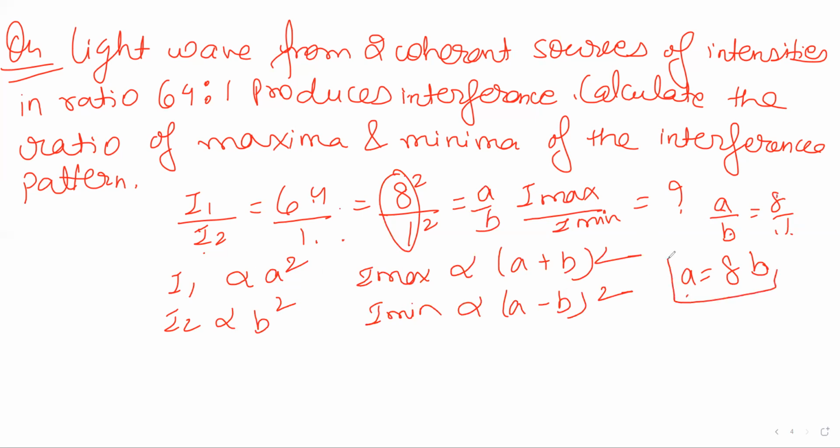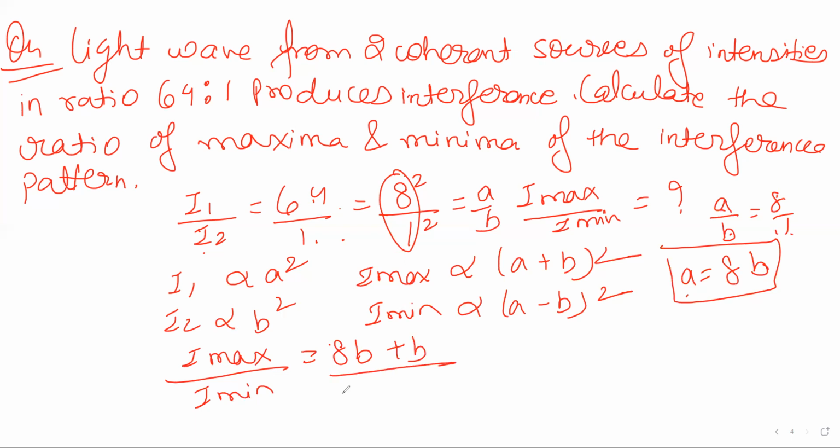Any doubt here, beta? No, Vasu? Understood. I max upon I minimum is equal to (A plus B), with A being 8B, so (8B plus B) divided by (8B minus B) whole square.